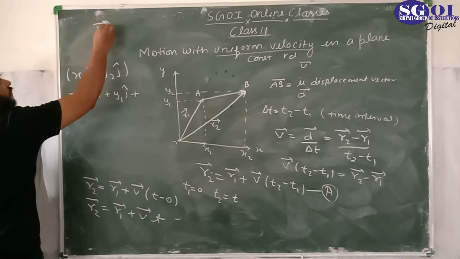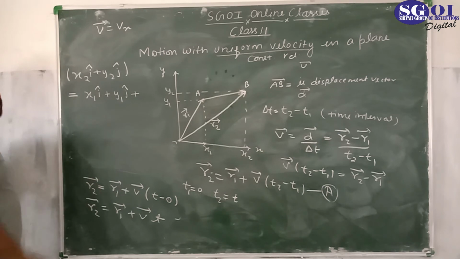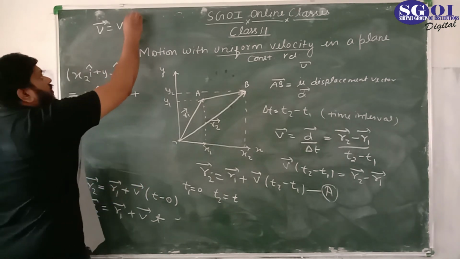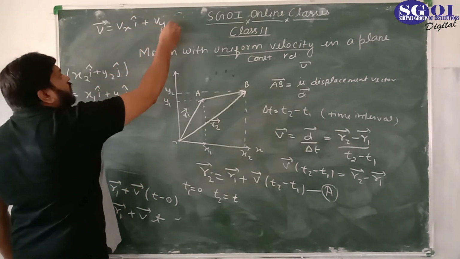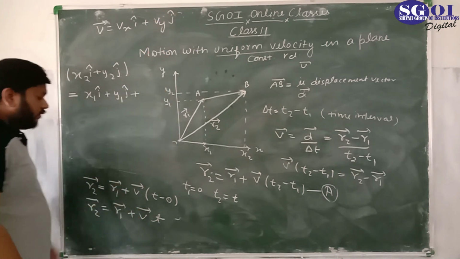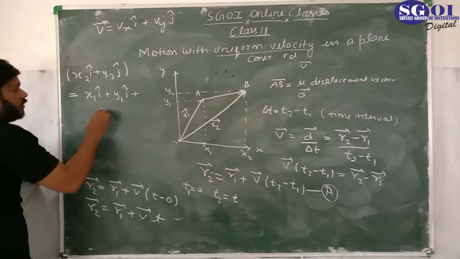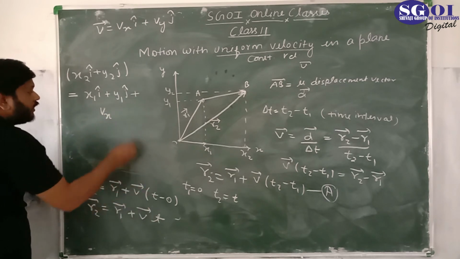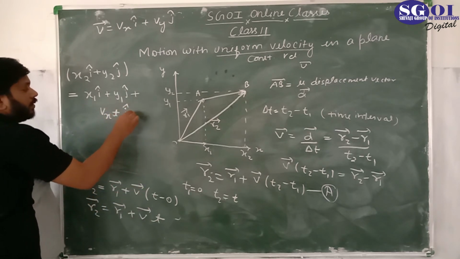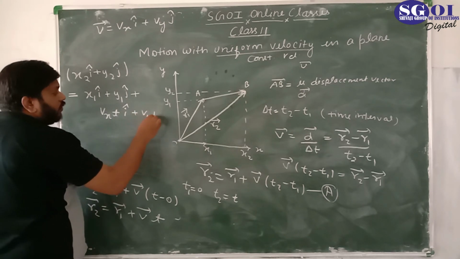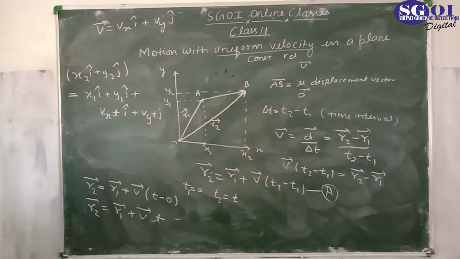We can write v equal to vx i in the x direction and vy j in the y direction. So we can put this value here: vx into t i plus vy into t j.